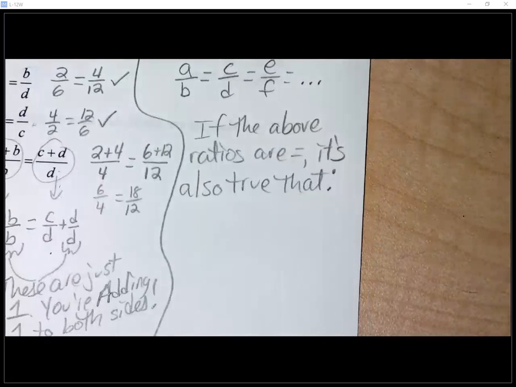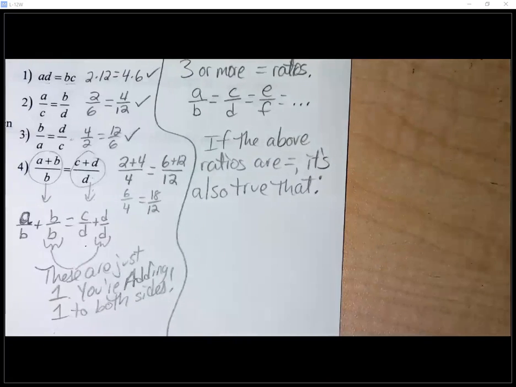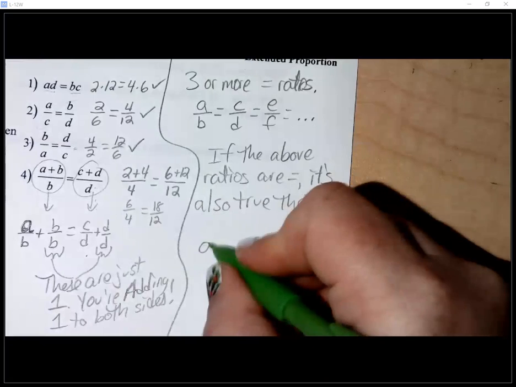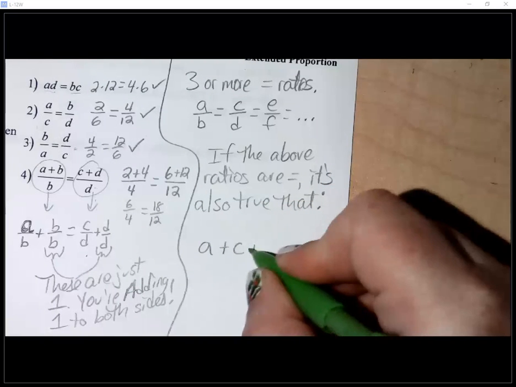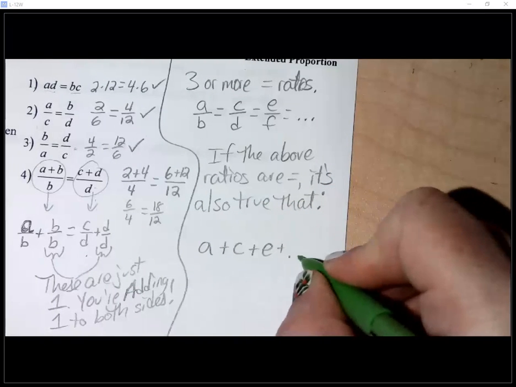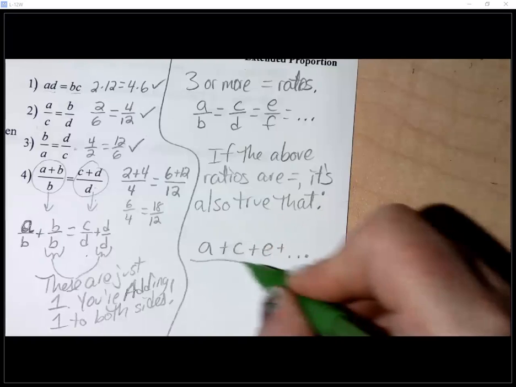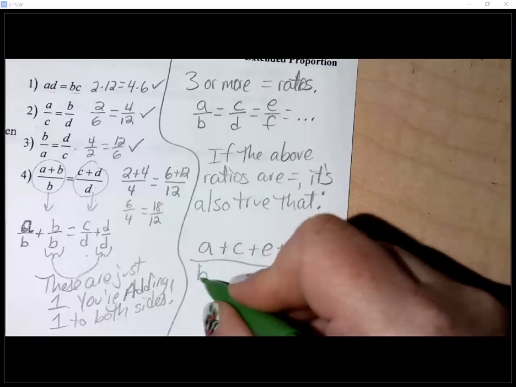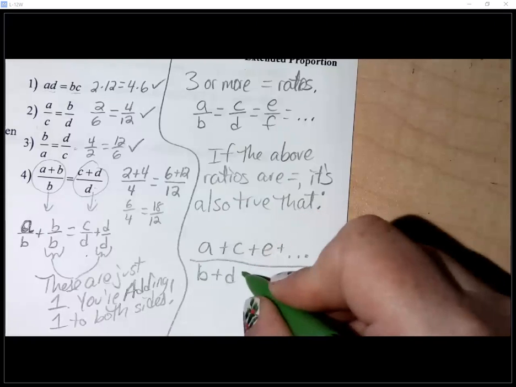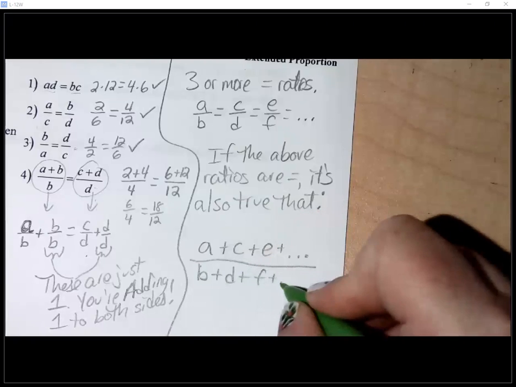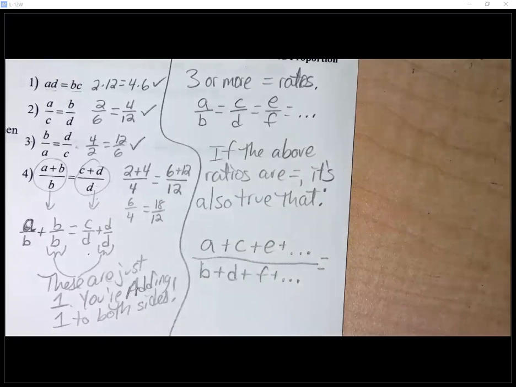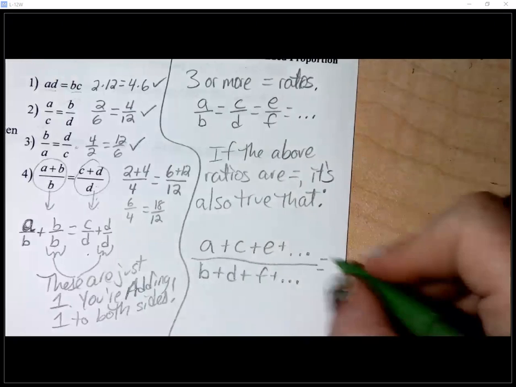Zoom out a bit so we can get it all. A plus C plus E plus however far you're going to go, all divided by B plus D plus F plus however far you're going to go, is always going to shake out to just be equal to, you ready for this? A over B.